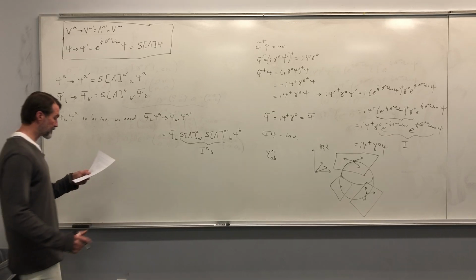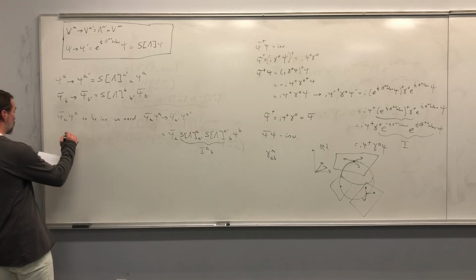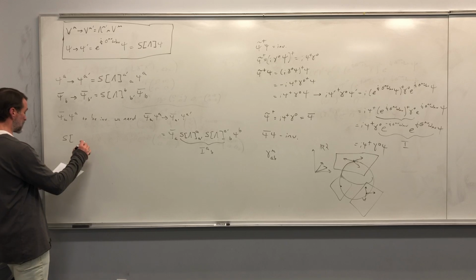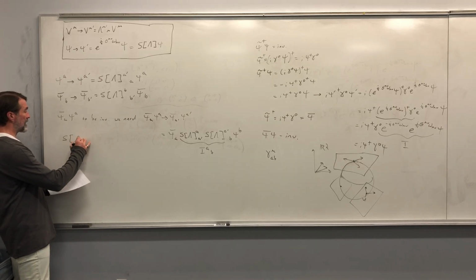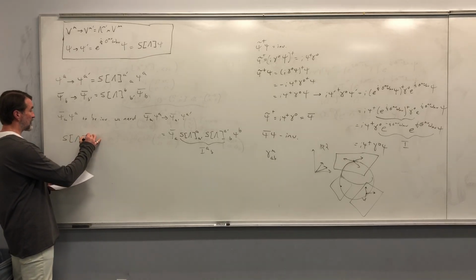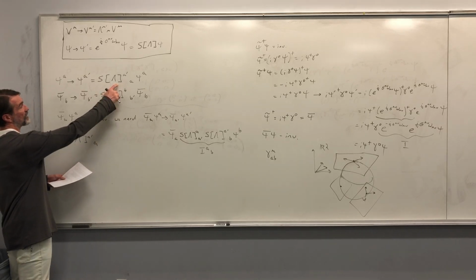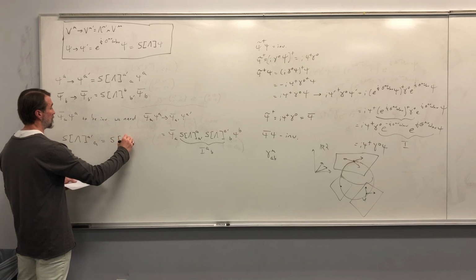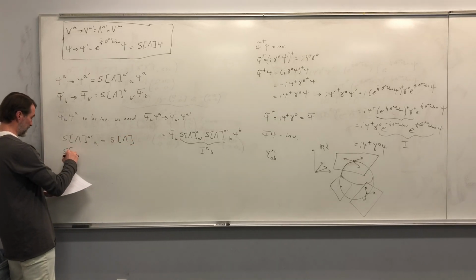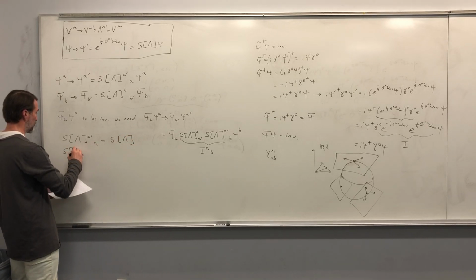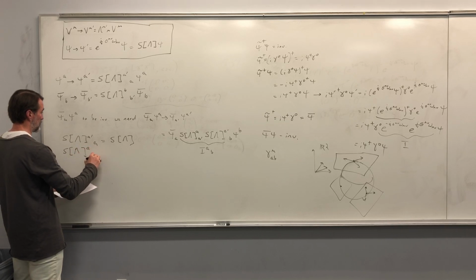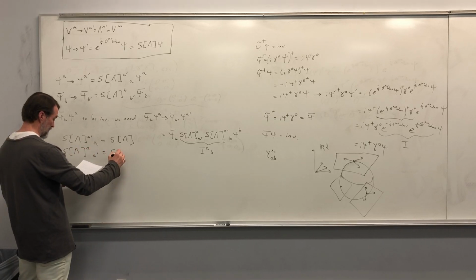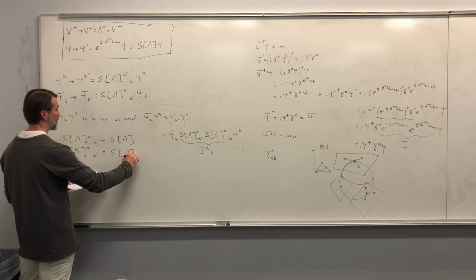Okay? So if we call the spin transformation associated with lambda with indices A prime and A, these are the ones in this transformation. If we call this just S lambda, then this guy is just going to be S lambda inverse.